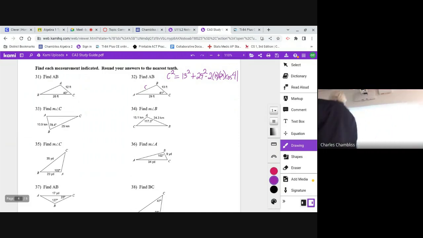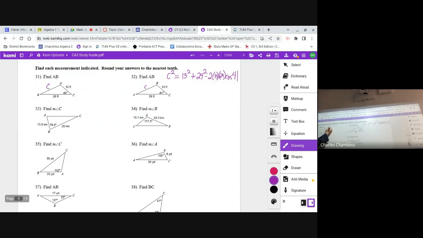31, similar. C squared equals 12 squared plus 26 squared minus 2 times 12 times 26 cosine 40.